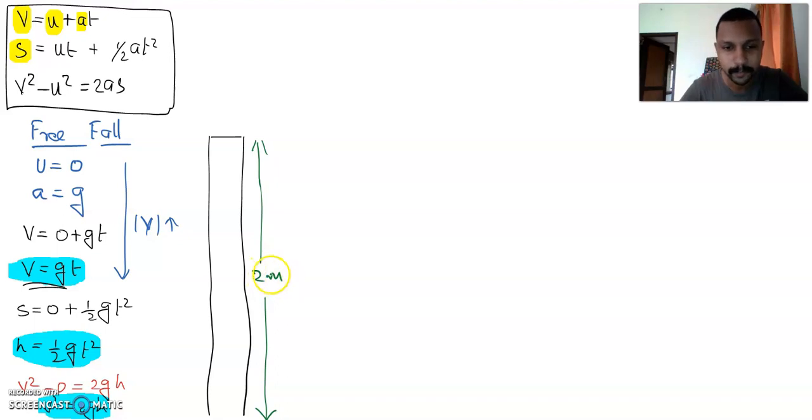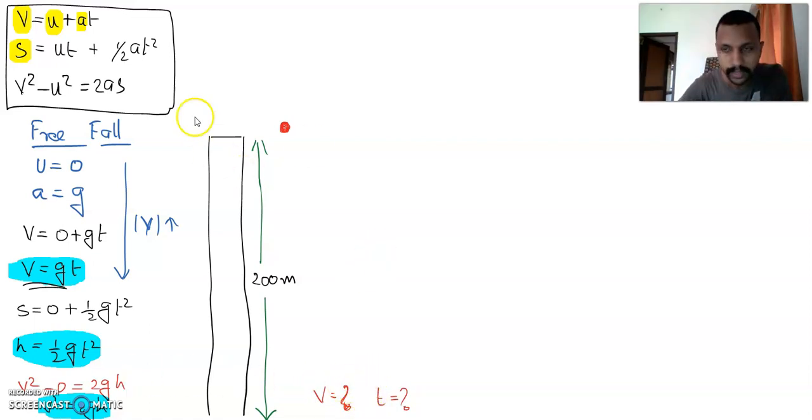Therefore, let's take, let me say, 200 meters. Okay, 200 meters. Then if we are dropping a substance from the top of the tall building, what is the final velocity attained by the substance and what is the time in which the substance reaches the ground? These are the two things asked in this situation.